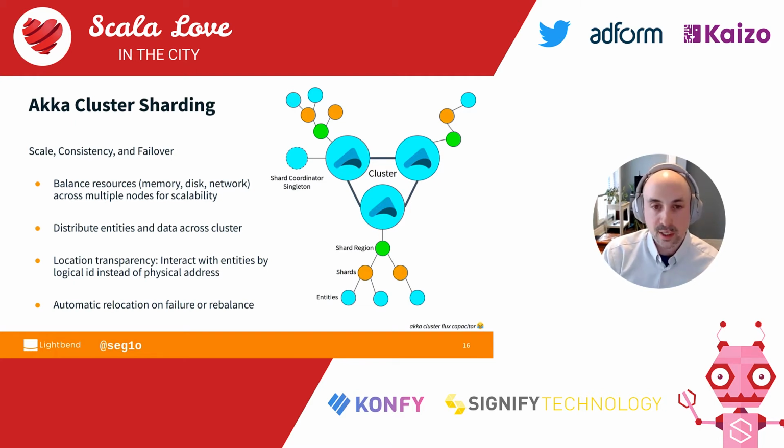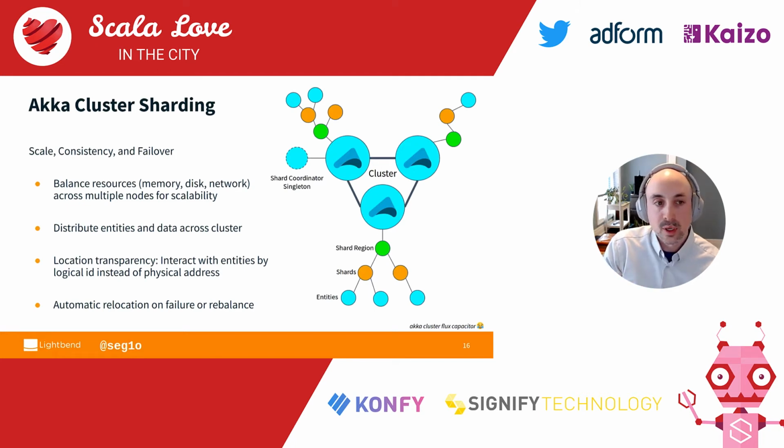So in that case, you can create an Akka cluster that spans multiple virtual or physical machines and spread those stateful actors across your cluster instead of a single server. And then to access these entities, they have an entity ID, which is just a logical identifier that we can use to communicate with that actor. But we don't need to know which shard that entity is in or what physical machine it's running on.